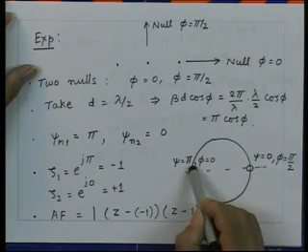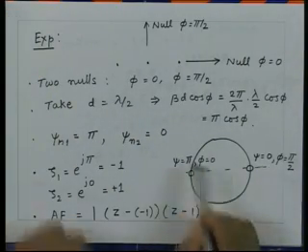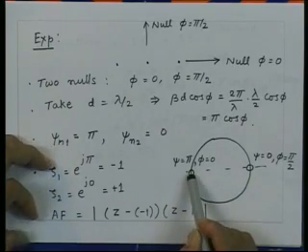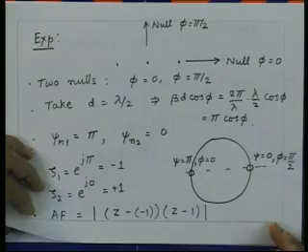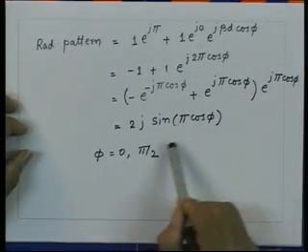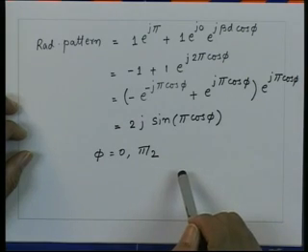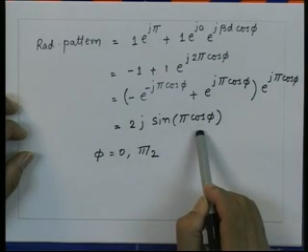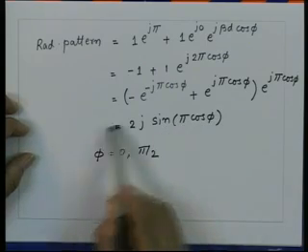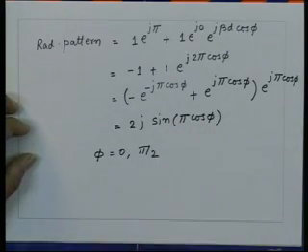So, that means as soon as we put a null here corresponding to psi equal to pi, automatically a null has been placed in the direction phi equal to pi, and which we can see from here that when we put the phi equal to pi, this quantity will become minus 1. So, again you will get sine of minus pi, that will be 0. So, you will have a null in the direction of phi equal to pi also.